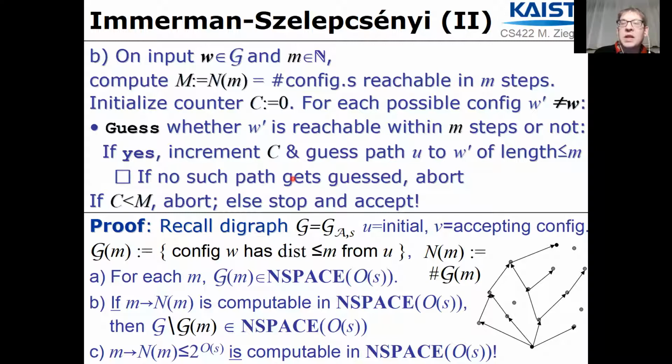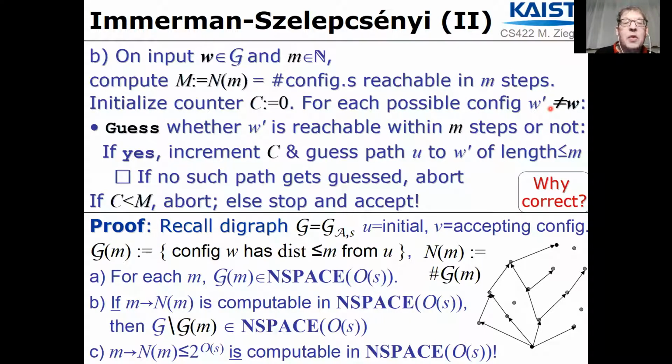So that's kind of an indirect way of verifying a guess. And since we excluded the given vertex W from all vertices, that means that this vertex must not be among the reachable ones, and therefore must be among the unreachable ones, and thus follows the correctness of this algorithm.